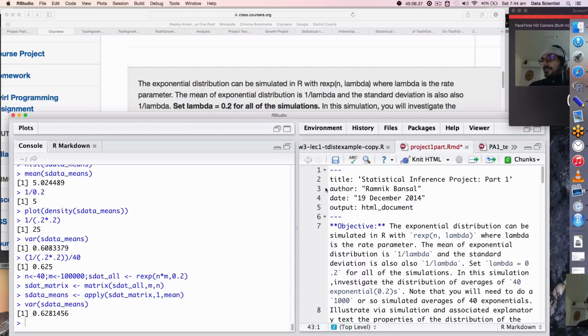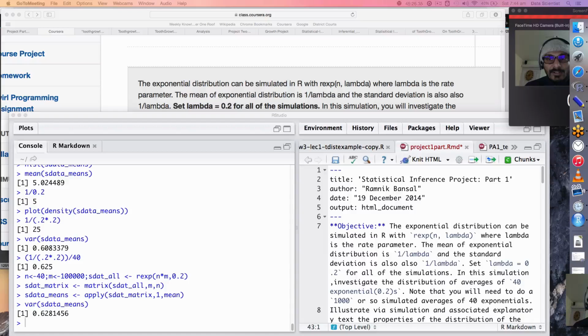Now how many of you have no idea about how an RMD file is written? I will explain that to you. Any of you have no idea what an RMD file is and what it does? What is an RMD file? Who understands what an RMD file is, and who does not?